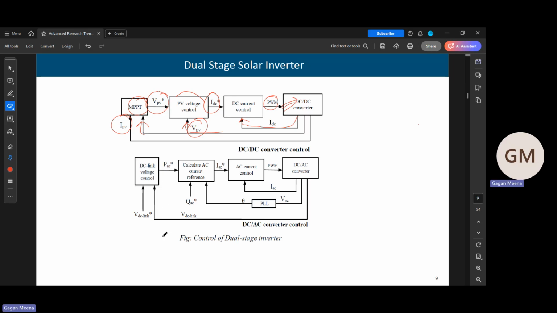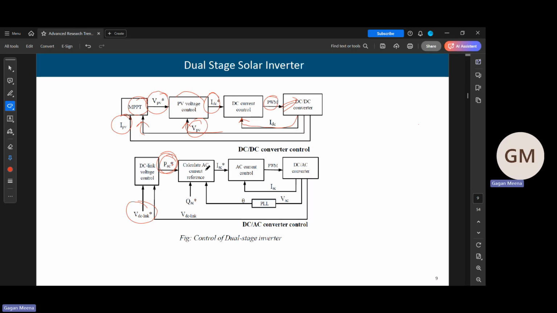And the second stage is the DC-AC converter control. Here we have DC link voltage control. We have a reference value, and then we get the real power. This will generate the PAC star.